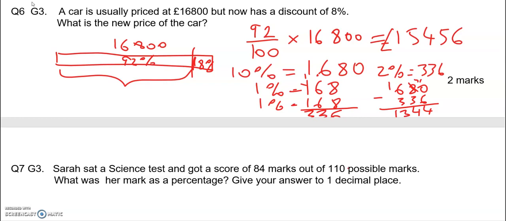And then 1. So that is the 8%. Now, to get the 92% that are remaining, we get 16,800. Take away 1,344.